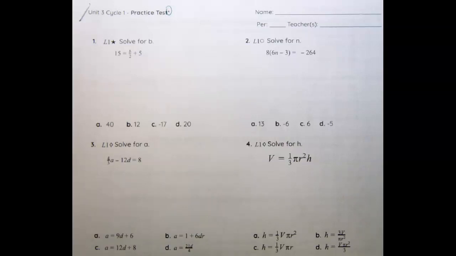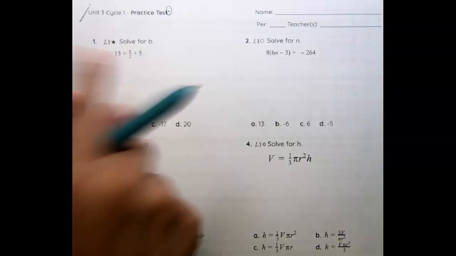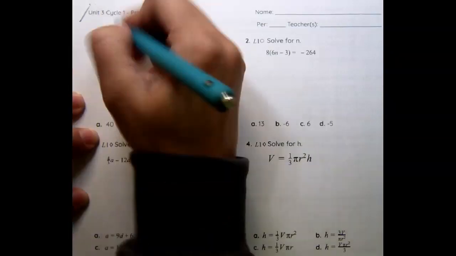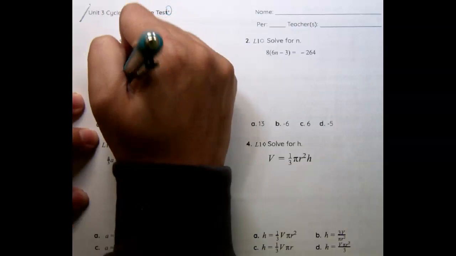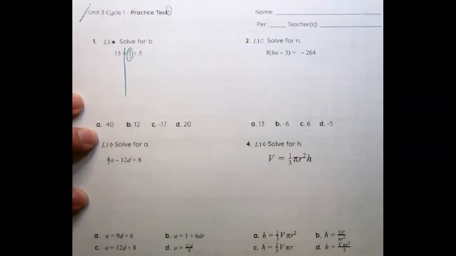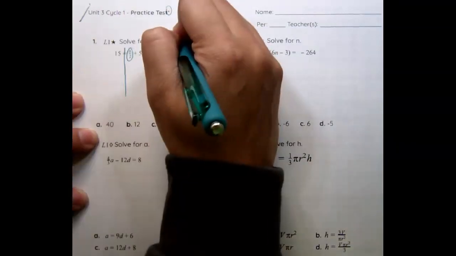So let's get started. Number 1 and number 2 are similar in that we are solving only for one variable. So in number 1, I'm solving for b. So I'm going to circle this whole thing because that's what has my variable. I'm going to draw a line down my equal sign, and I'm going to do backwards order of operations.